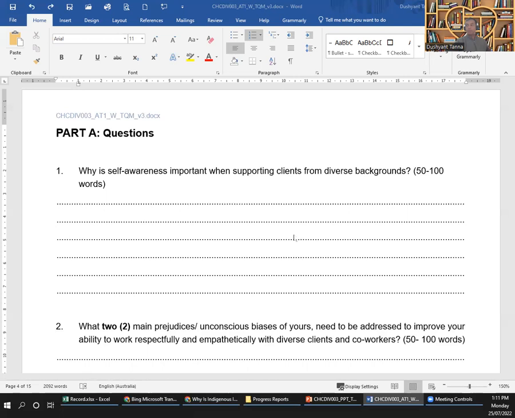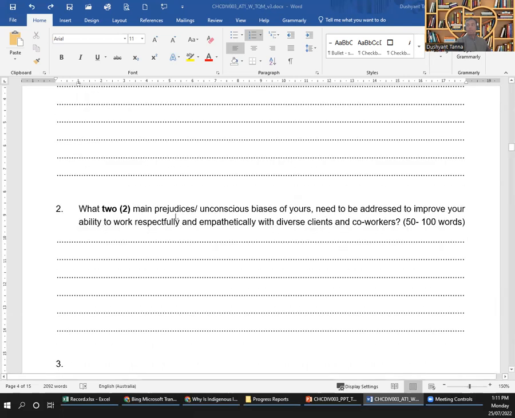Number 2. What are two main prejudices or unconscious biases of yours that need to be addressed to improve your ability to work respectfully and empathetically with diverse clients and co-workers?